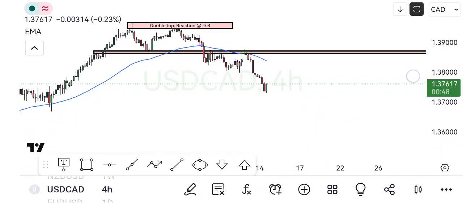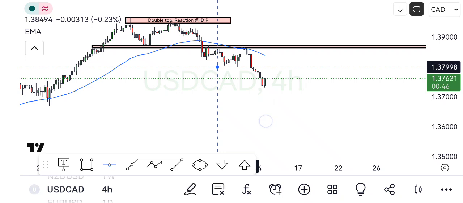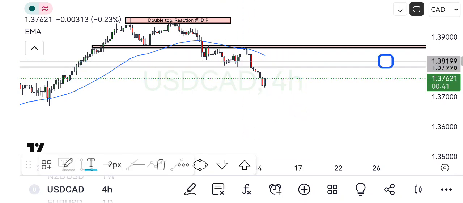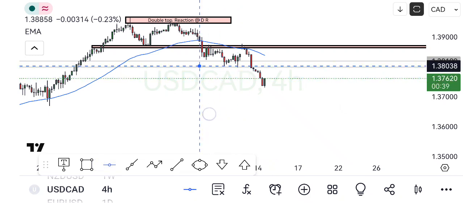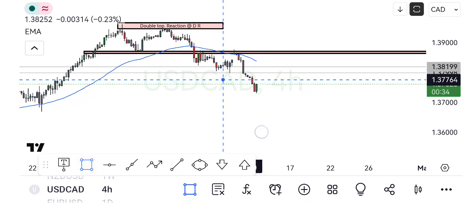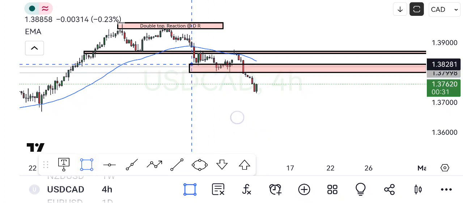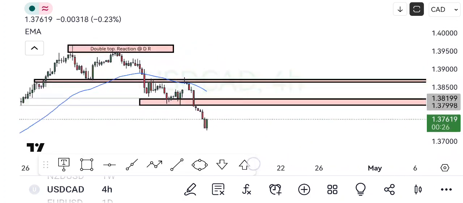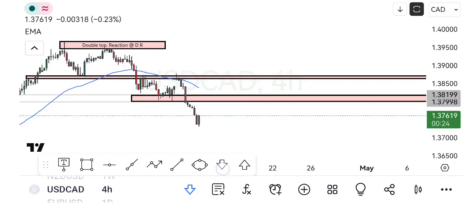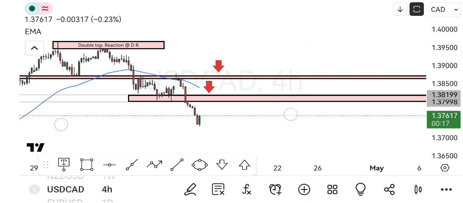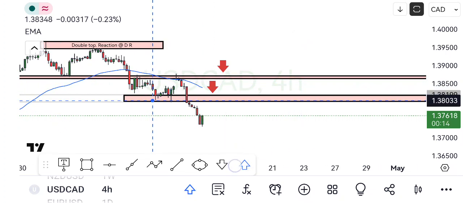So now I am seeing this area. For now, I am seeing these two areas, this area and this resistance. Why? Because it was support.